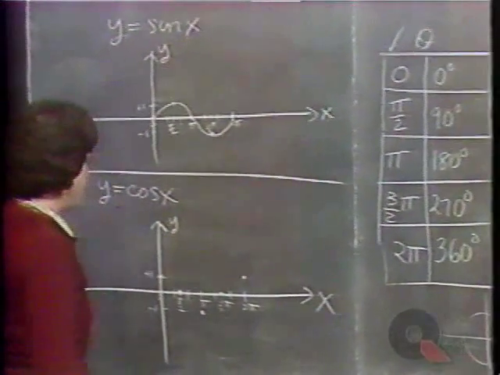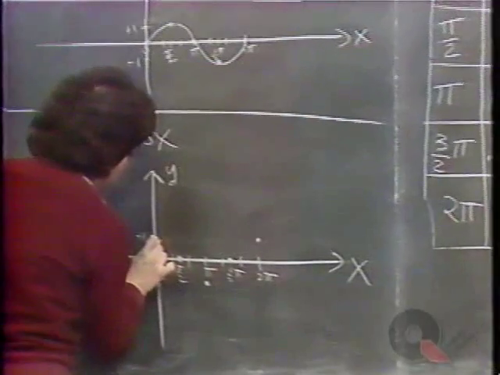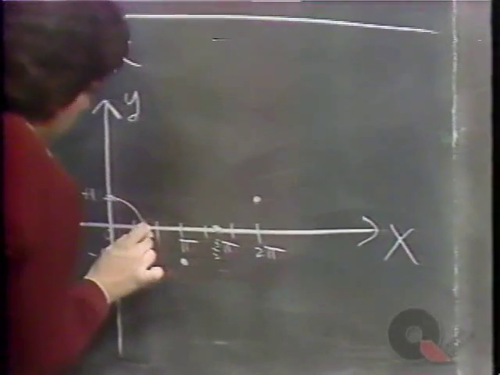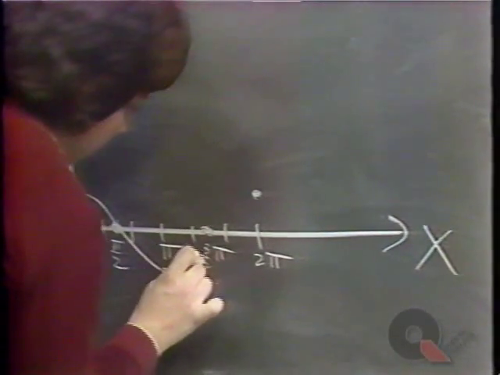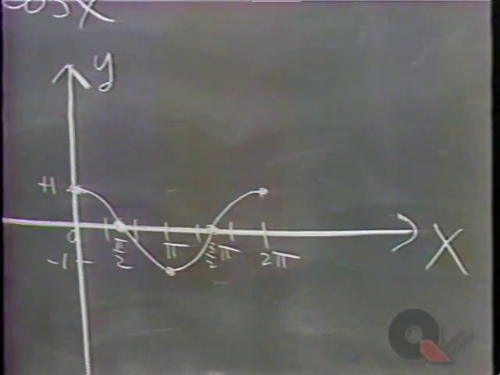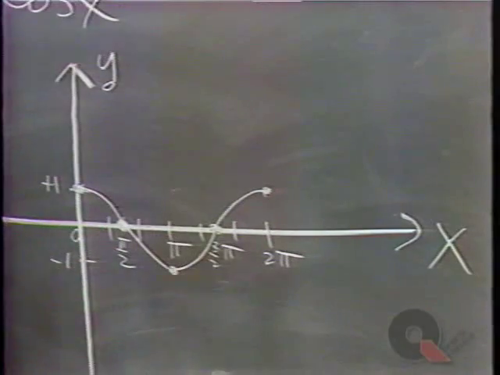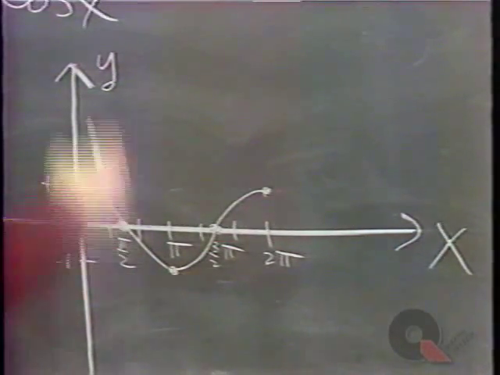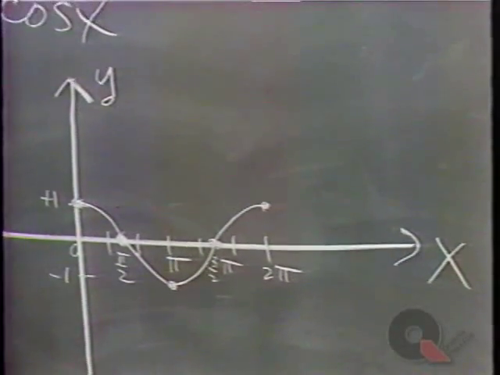Okay. And connecting these points in the following way. Okay, that's a picture of y equals cosine x between 0 and 2 pi. And it also repeats. You might notice that there's not much difference between the basic shapes of these curves.